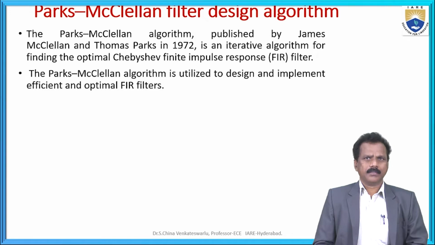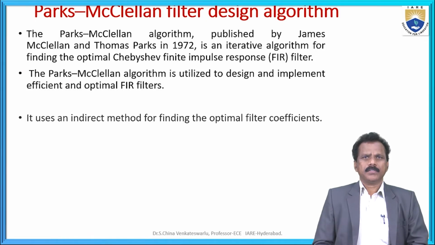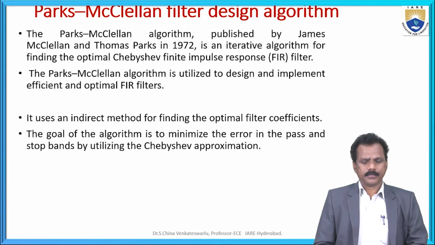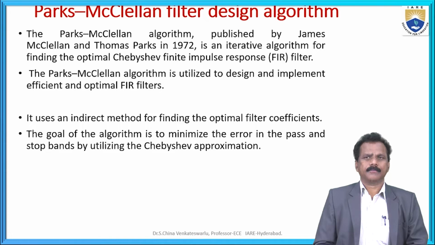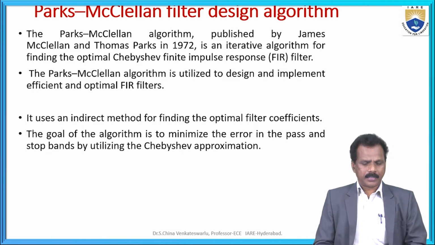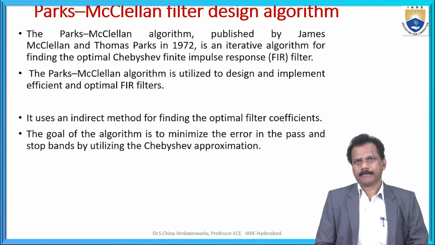The Parks-McClellan algorithm is utilized to design and implement efficient and optimal finite impulse response filters. It uses an indirect method for finding the optimal filter coefficients. The goal of the algorithm is to minimize the error. This is the major task. The goal is to minimize the error in the passband and stopbands by utilizing the Chebyshev approximation.